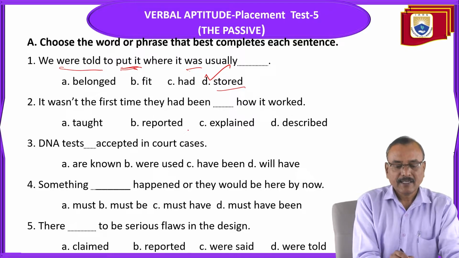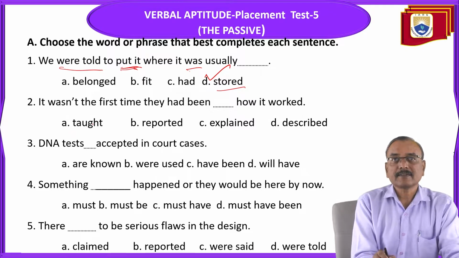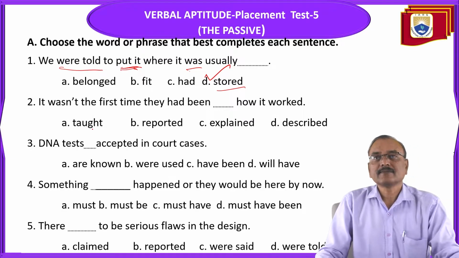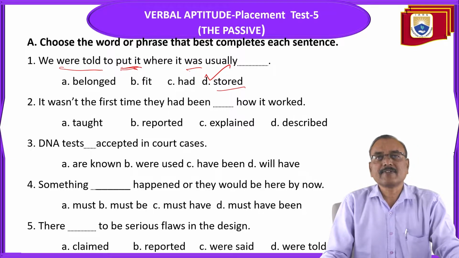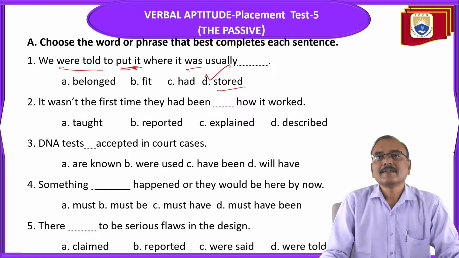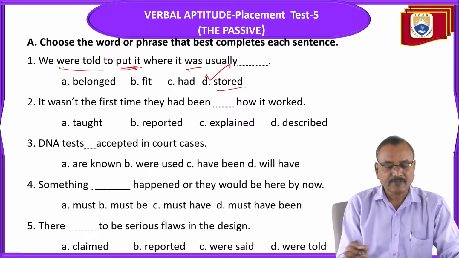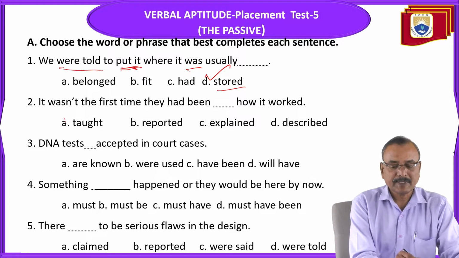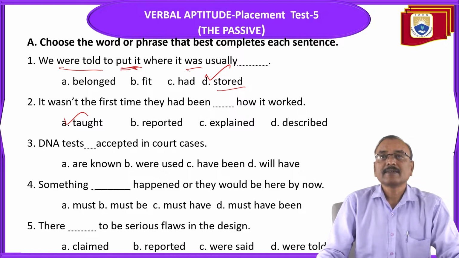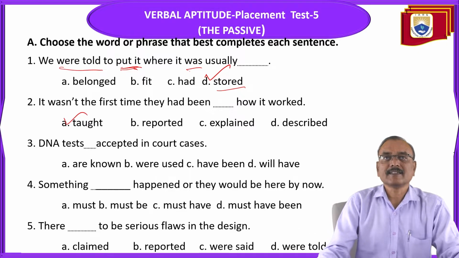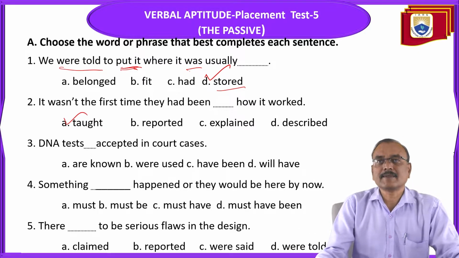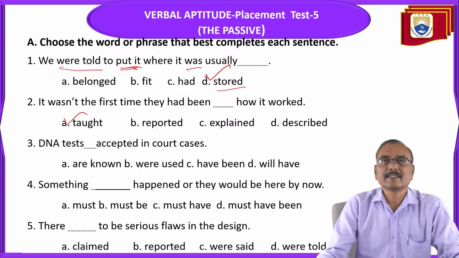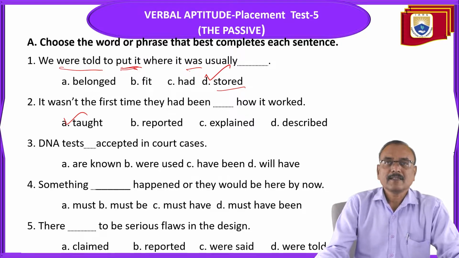So see here, okay, the choice between A and C, and check which one will be given priority. It wasn't the first time they had been taught how it worked here. This is the best option, how it worked. They had been taught here, teaching again and again here. So it wasn't the first time they had been taught how it worked, okay, right.